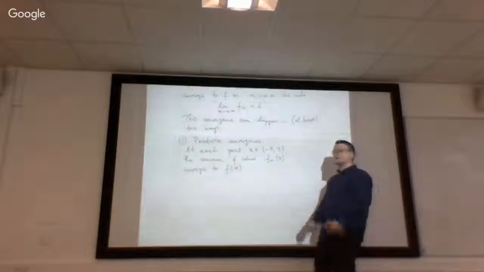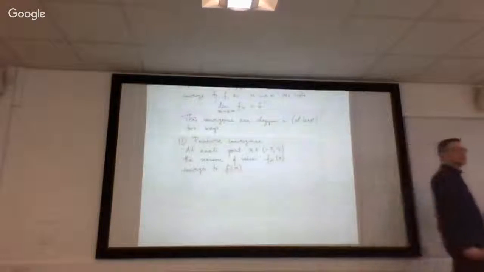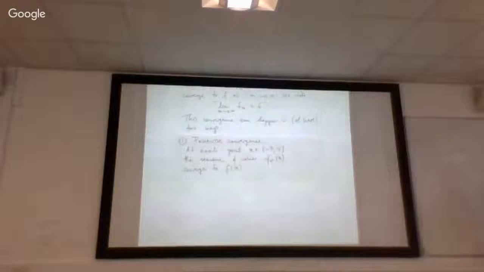I mean, that's the kind of thing we understand for what it means for a sequence of functions to converge to the limit function.